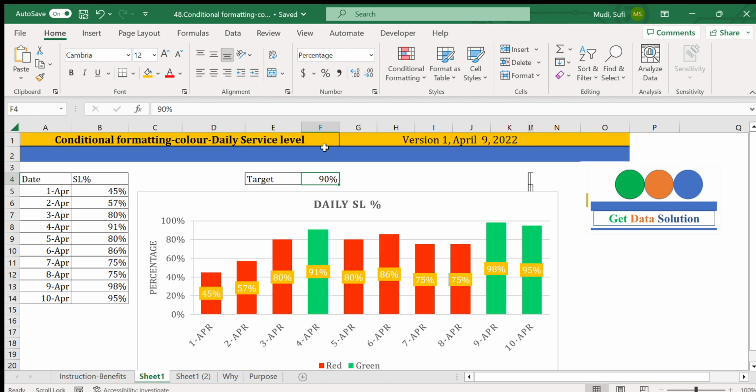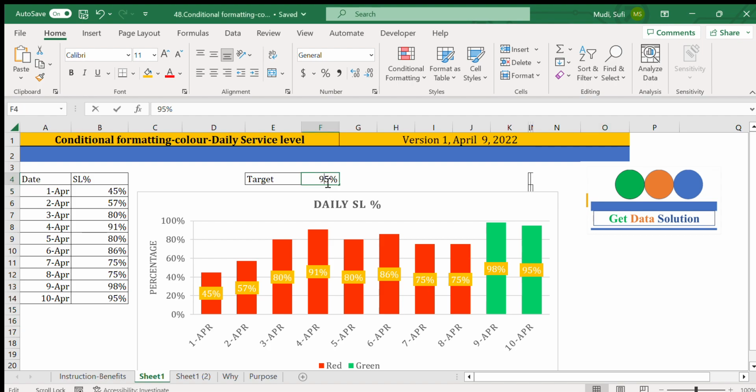It's green. If I change this target to some other numbers, it will change. Let's say this is 95% target. Can you see now? It's only on April 10 and April 9 that we have actually achieved our target.